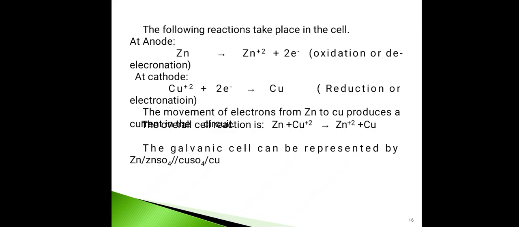Always we represent the anodic part first with the help of metal, followed by the electrolytic solution, and in the case of the cathodic part, first the electrolytic solution followed by the metal. That means the zinc sulfate, copper sulfate, and copper.